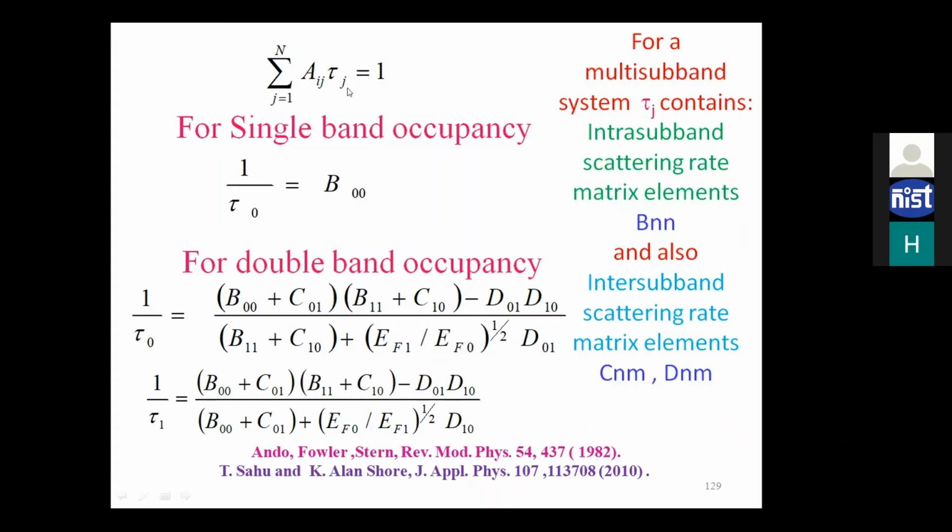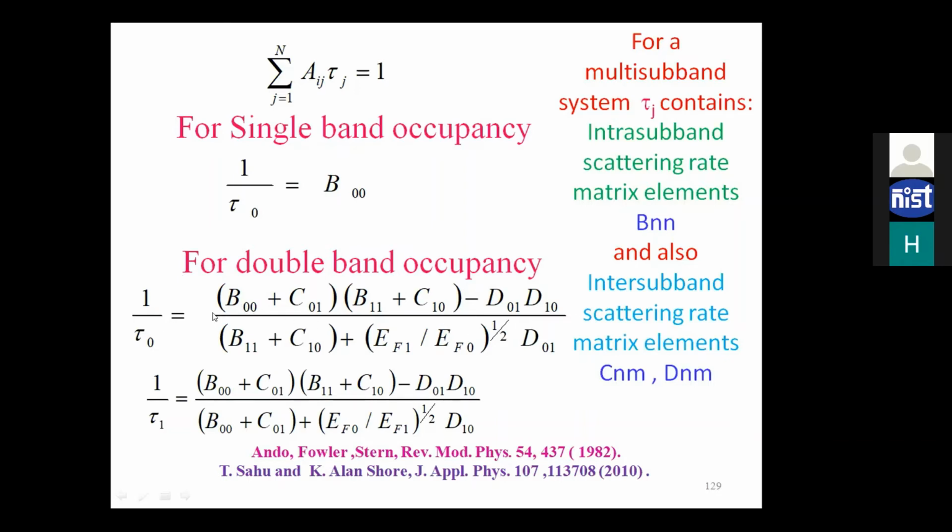You can take the two values of j and change i, 0, 1, 2, 3 like this. Going for the solution, you will see this expression is equivalent to 1 by tau 0 and 1 by tau 1, which is expressed here.